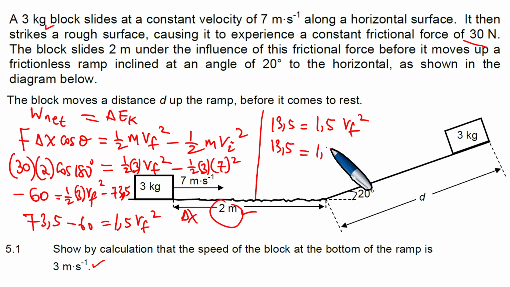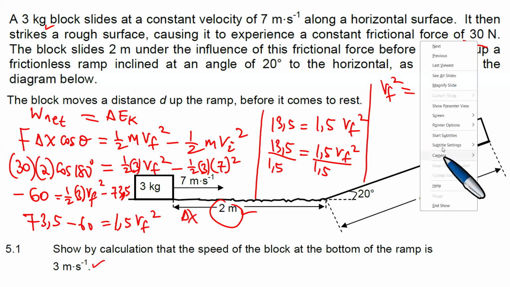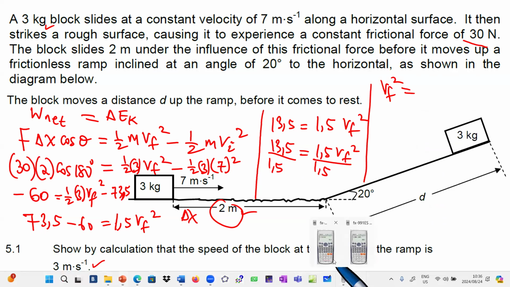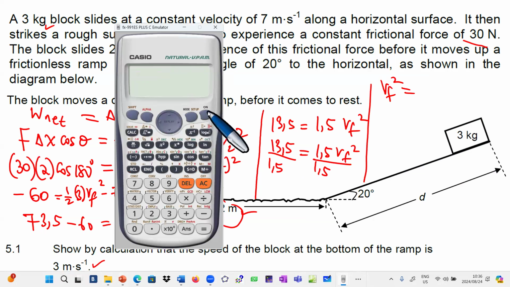So you have this one here. You divide by 1.5, so that in the end you have VF squared equals 13.5 divided by 1.5.